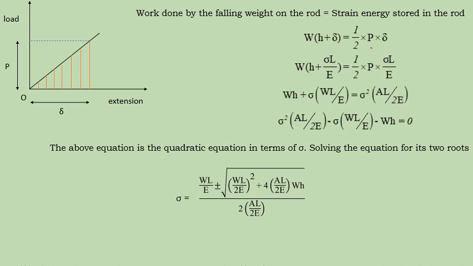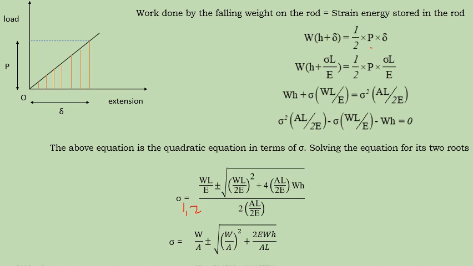Therefore the roots become sigma 1, 2: WL by E plus or minus root of WL by 2E the whole square plus 4 into AL by 2E into WH, divided by 2 into AL by 2E.